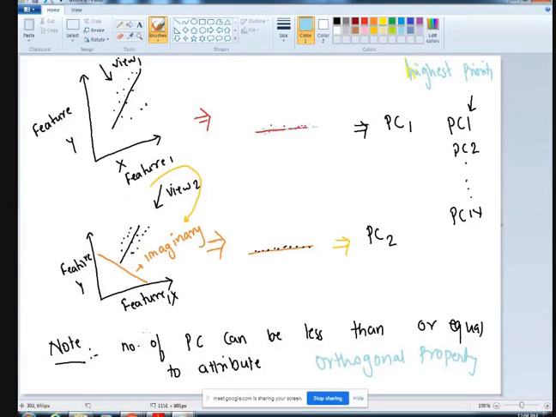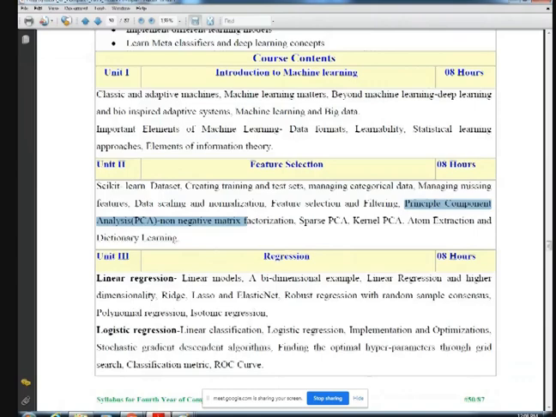So this was a simple example that I have taken, in which we have taken two views and then plotted the graph by reducing the dimensionality. So this two-dimensional was reduced to a single-dimensional, and you can still obtain some value that was called a principal component. Getting it? So this is how you're going to do the principal component analysis problem.